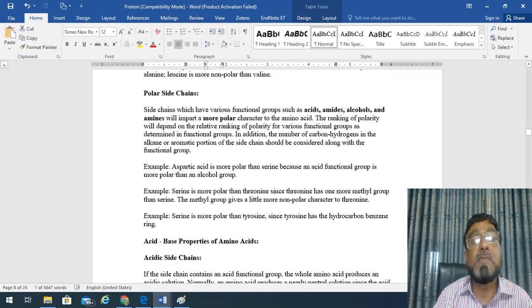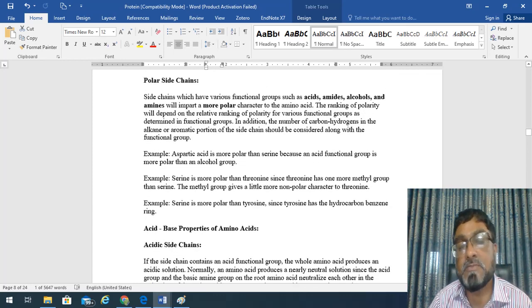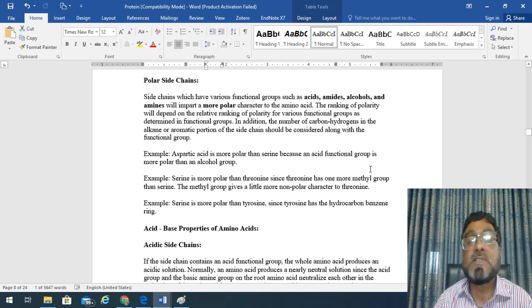Among the side chains, polarity differs based on the side chain. We have seen the acidic nature of the side chain, amide nature of the side chain, alcohol OH, just like serine, and the amines, which impart a more polar character to the amino acid.